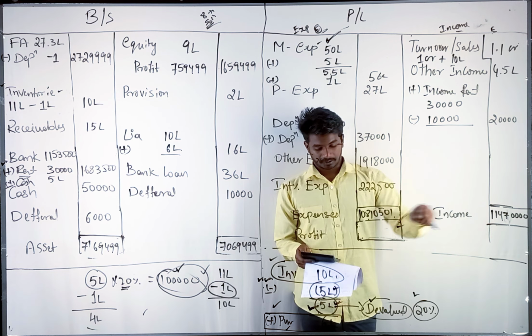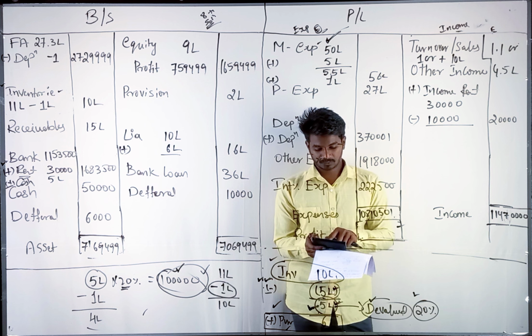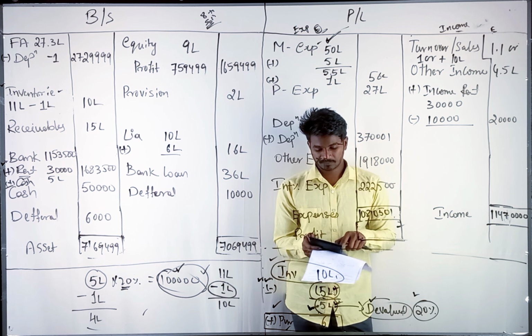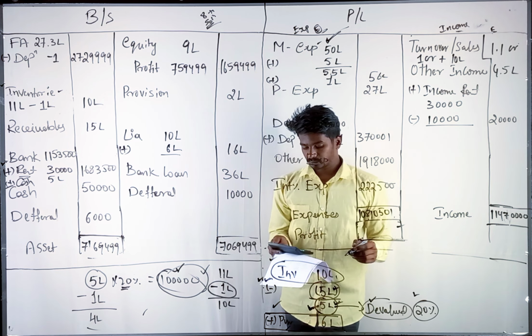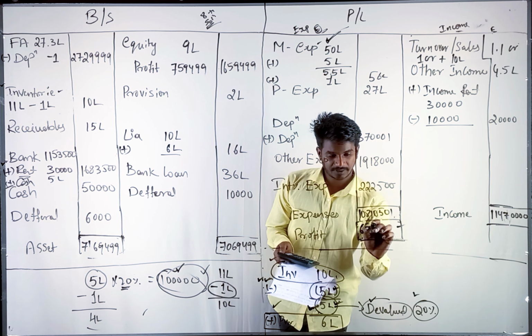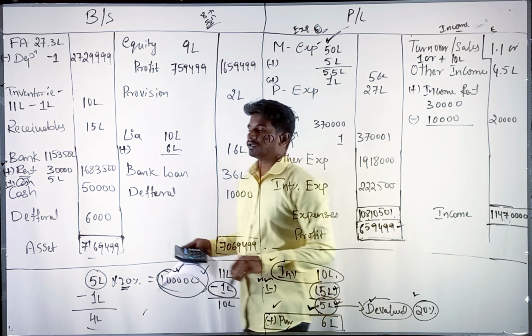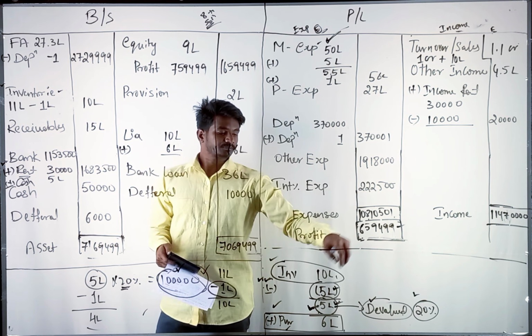Out of this income, if we minus the total expense 1 crore 8 lakh 10,501, the total profit comes out to be 6,59,499.